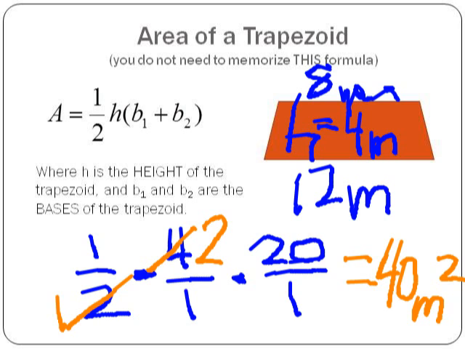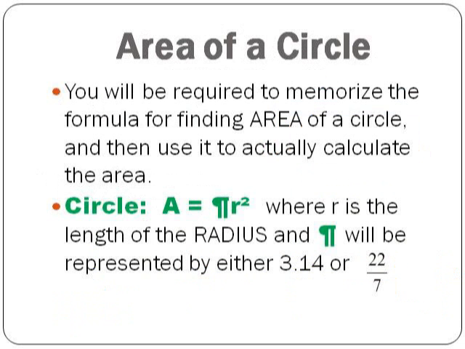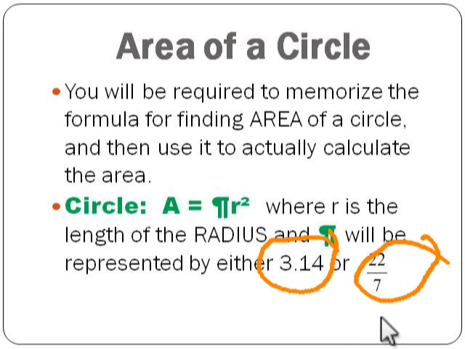Okay, so let's move on to the circle. So we're still counting squares, but a circle is curved, so you don't have any side lengths to use. So the only straight thing in a circle that we have would be a radius or a diameter. So instead of using the diameter and making the formula complicated, somebody found out that to find the area of a circle, you multiply this number pi, which is approximated as either 3.14 or 22/7, and we're going to use both of them.